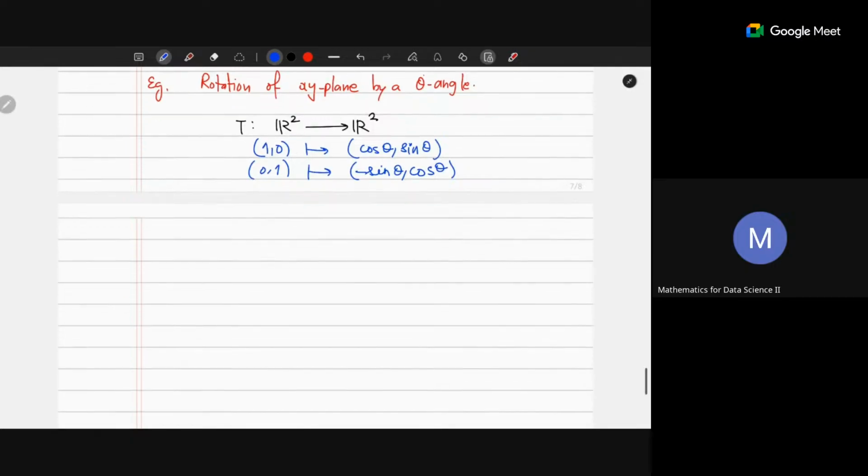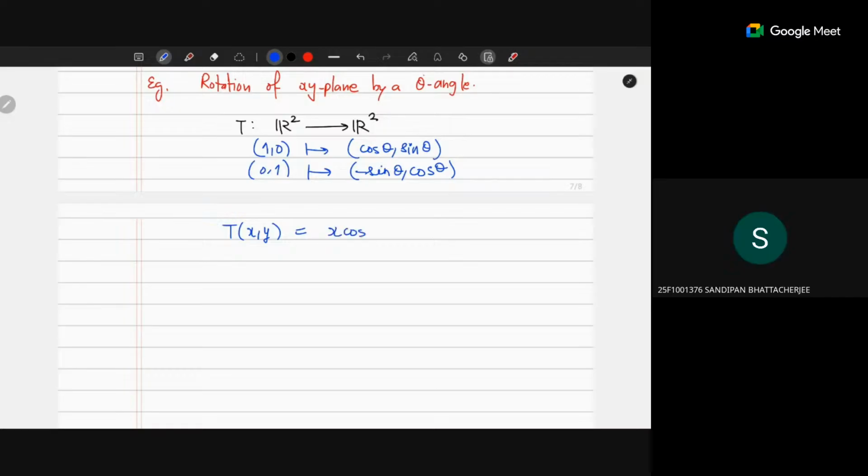Now, again, my same question: what will be the image of (x, y)? Can anyone tell me? We can write that as T of x times (1,0), which goes to x times (cos theta, sin theta), plus y times (minus sin theta, cos theta).